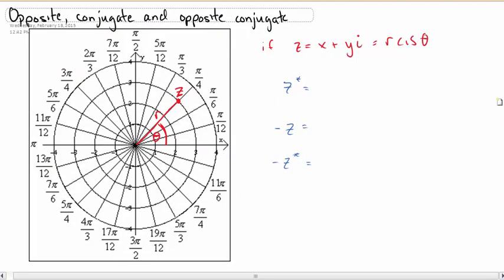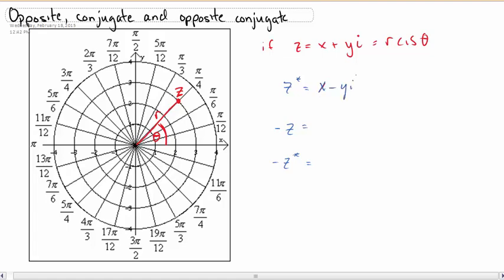And bear with me, we're going to go a little further looking at this new polar form of complex numbers. We're going to look at what the opposite, the conjugate, and the opposite of the conjugate would be in this polar form, because it's very, very easy to figure out. So the conjugate, z star, would be x minus yi.